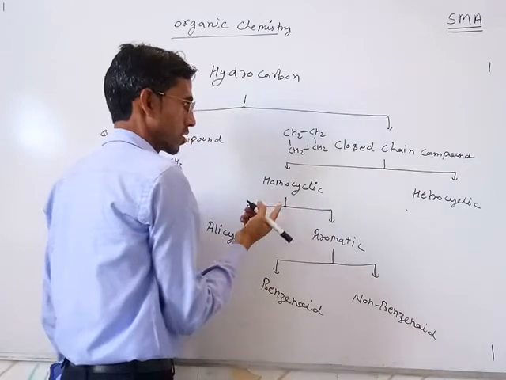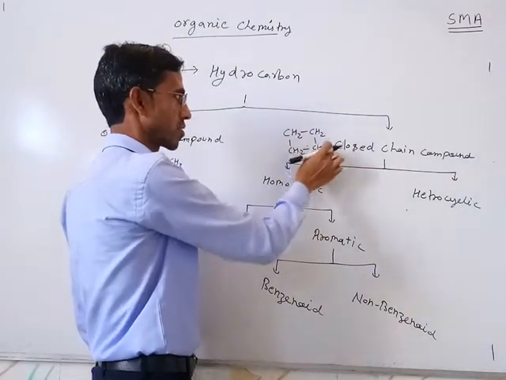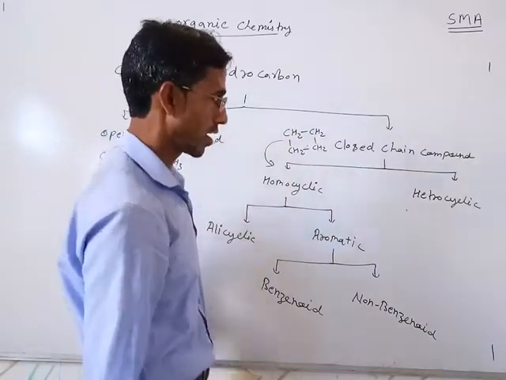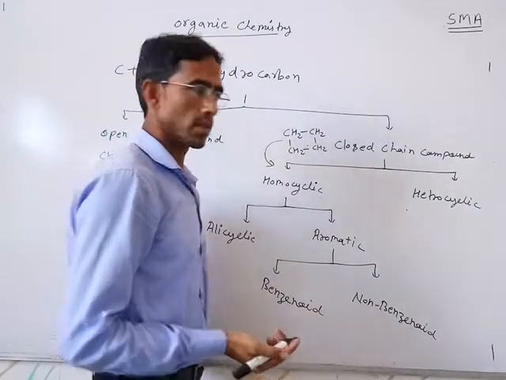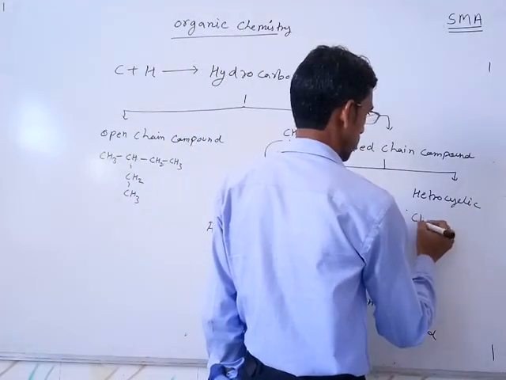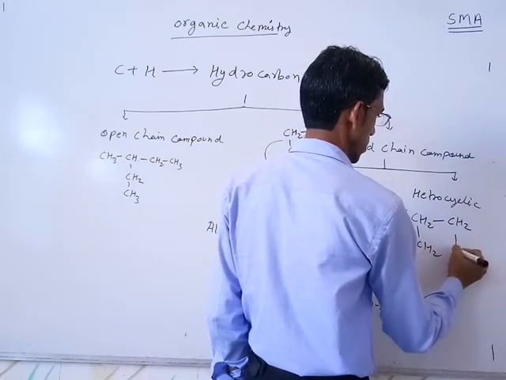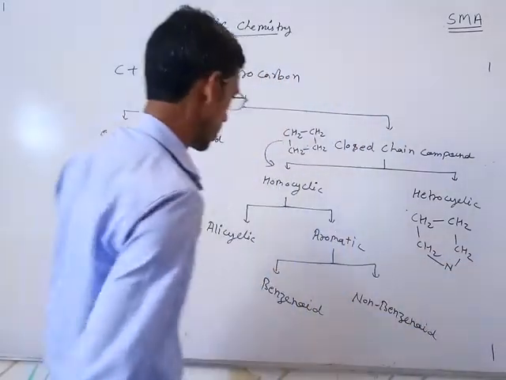Homocyclic: if a ring is made of only carbon atoms, it is known as homocyclic. If in a ring any other element is found, then it is known as heterocyclic, like CH2, CH2, and these are heterocyclic compounds.